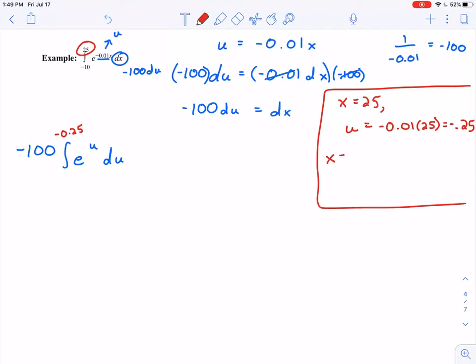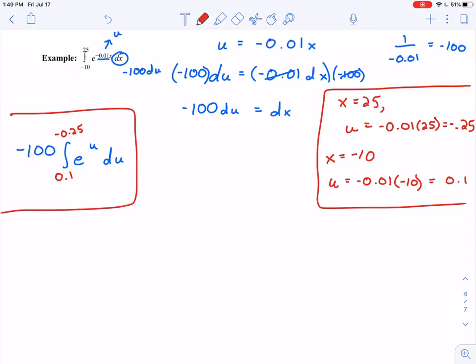When x equals negative 10, u is equal to negative 0.01 times negative 10. Here I should end up with a positive 0.1. So that means my lower limit of integration is 0.1. So this is my new definite integral that I'm trying to evaluate.